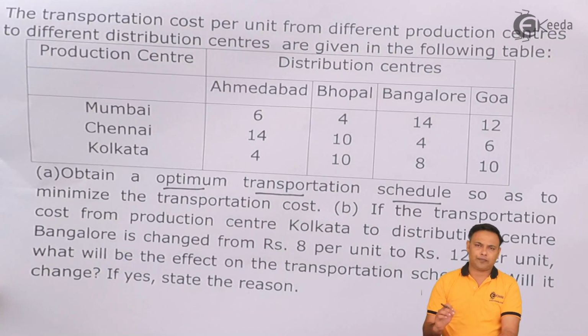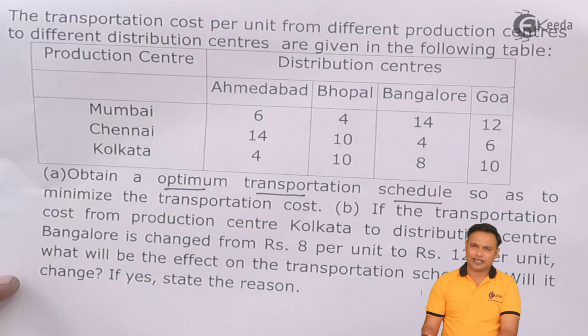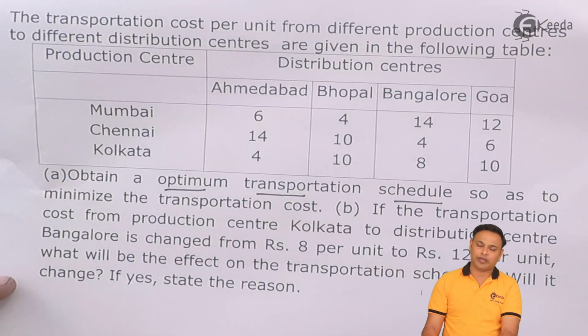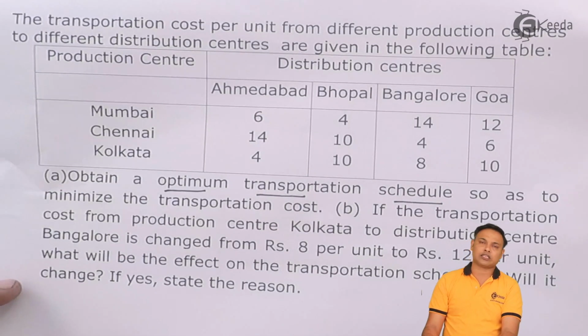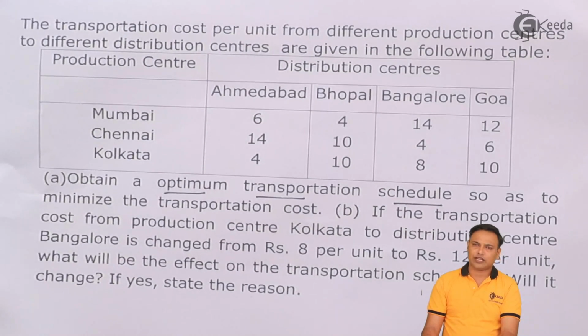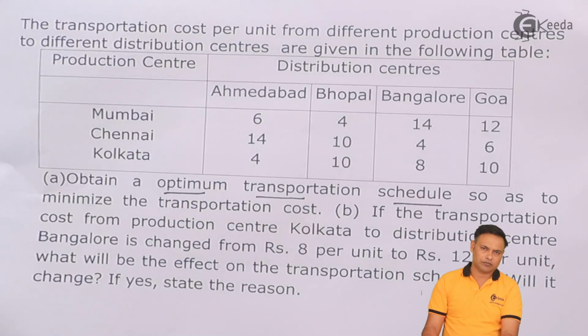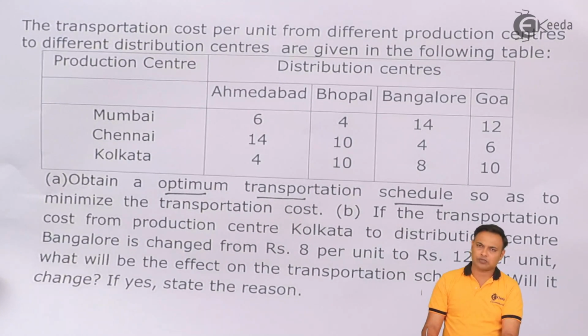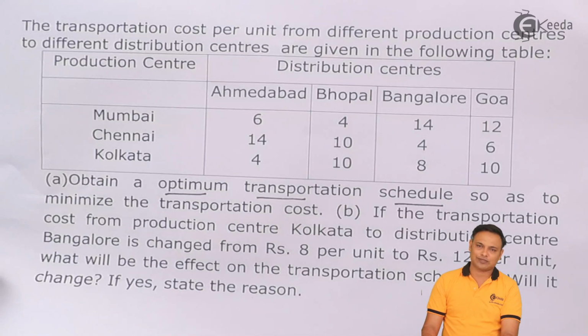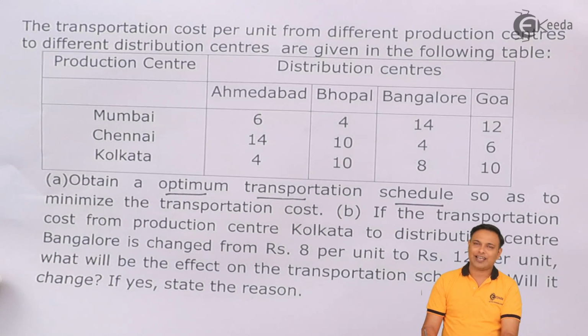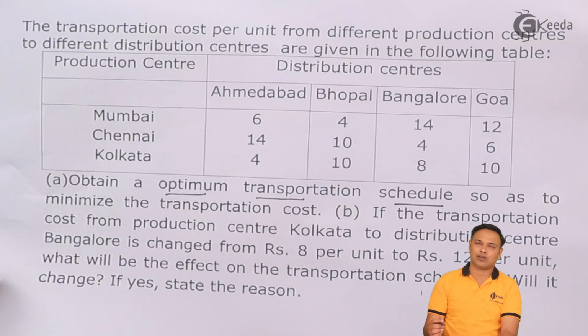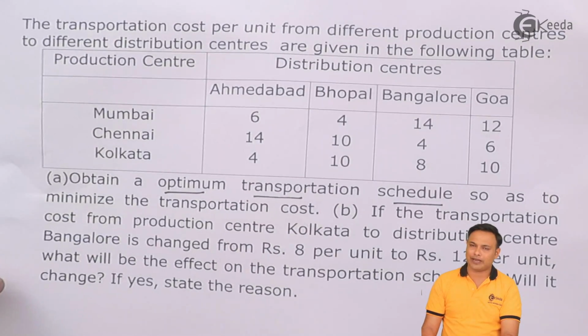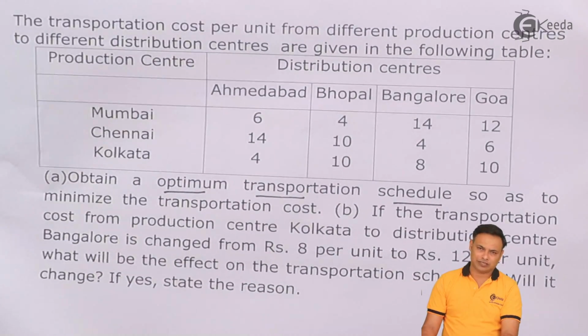Whenever a problem specifies that your cost should be optimized, that means it is a minimization problem. And whenever nothing is specified in the problem and they want an optimum solution, we have only 2 steps. The first step is to get the answer by VAM method, and the second step is to improve the solution and check the optimality by Modi method.